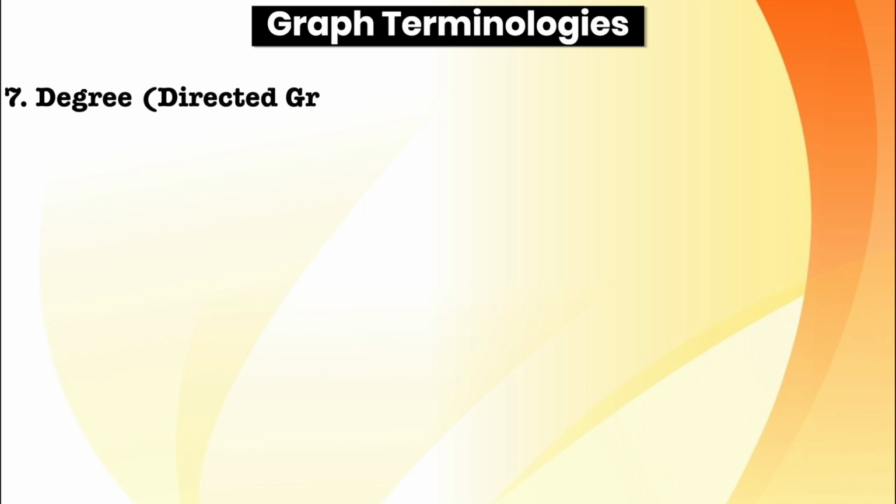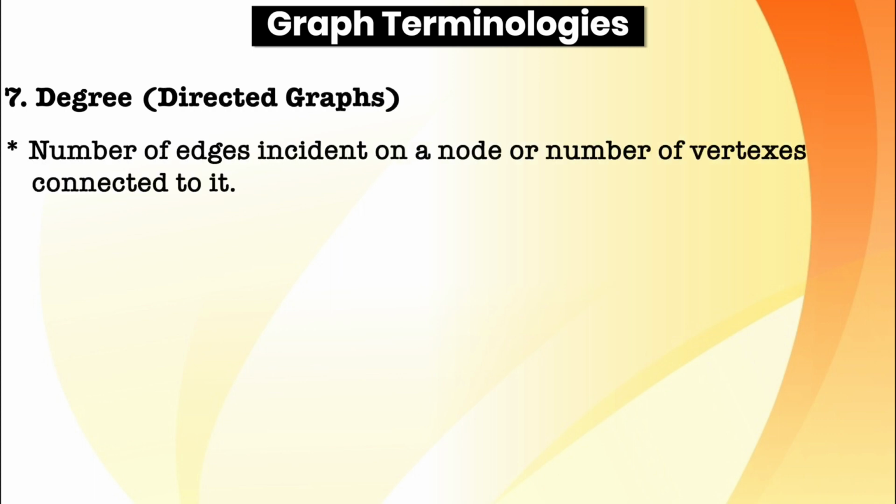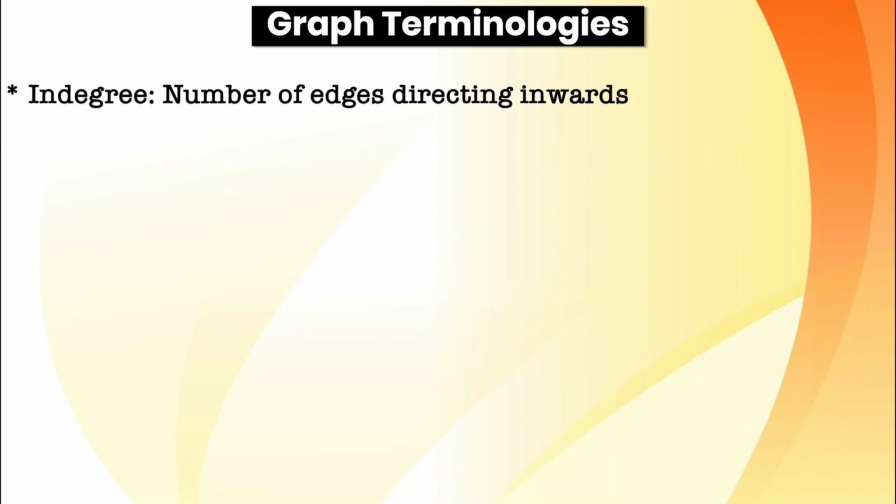Degree of a graph is the number of edges incident on a node, or the number of vertices connected to it. For example, in the figure, the degree of B is 2 since two edges are coming to the node B. In-degree of a node is the number of edges directing inwards on a node.